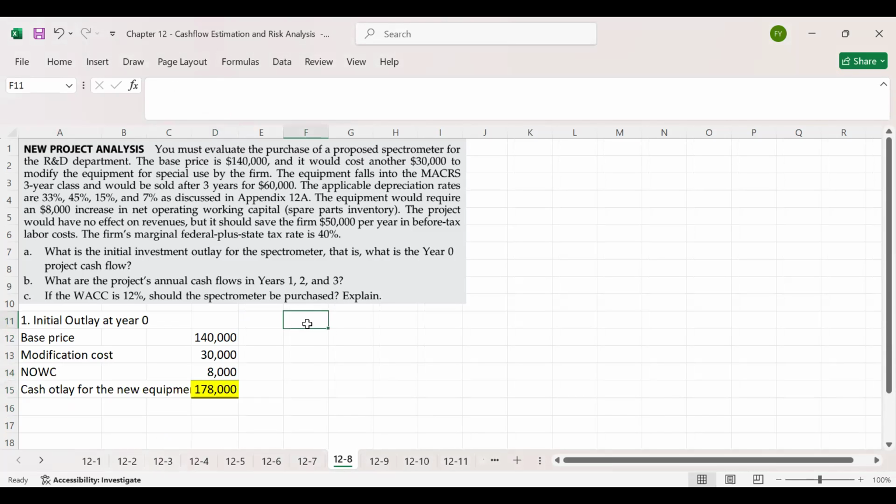The second requirement is: what are the project's annual cash flows at year 1, year 2, and year 3?